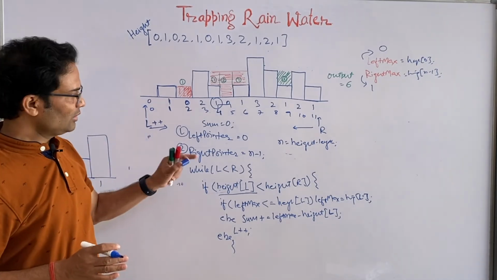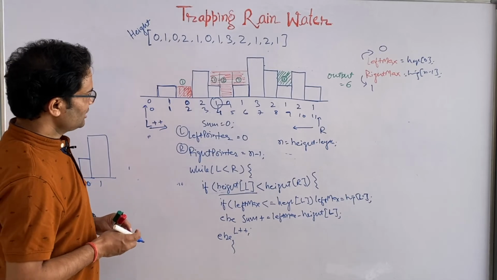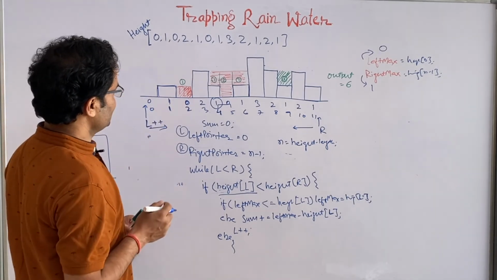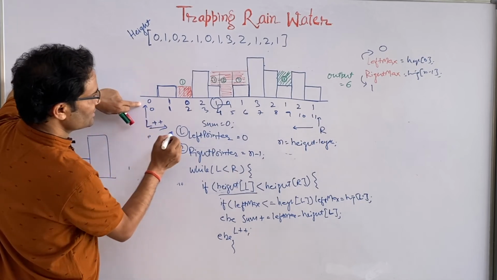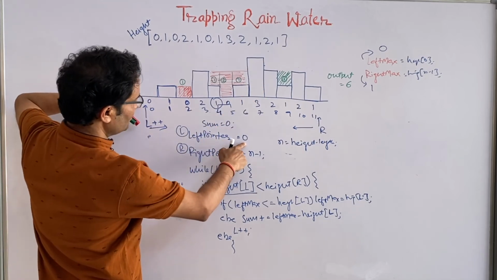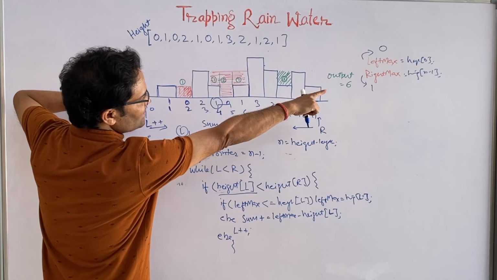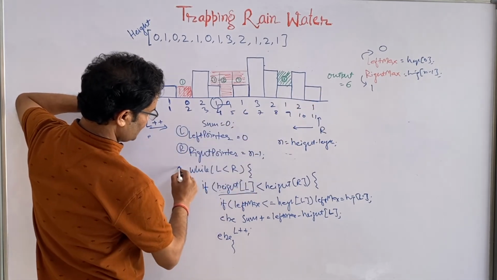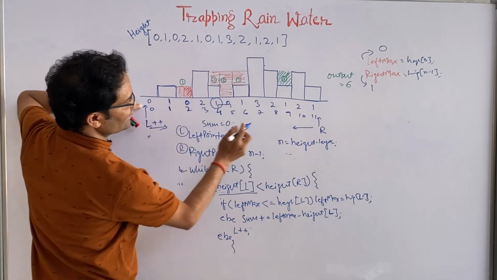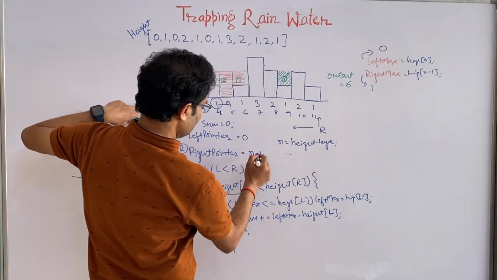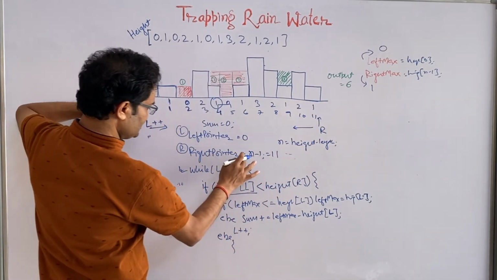Okay, if you want to do the dry run here, you can just keep it as a dry run and consider how it goes. Suppose now the first time this L is 0, this is also 0, and right max is 1, so this condition is true because R is 1 and the right is 11, right? What is here? This is 11. So this condition is okay.